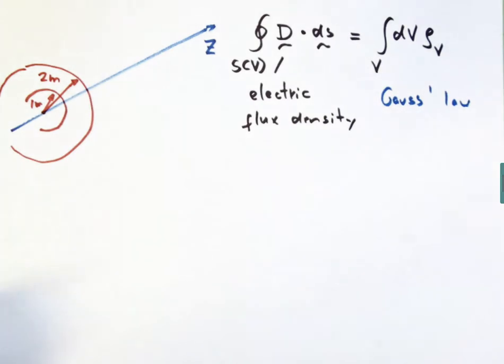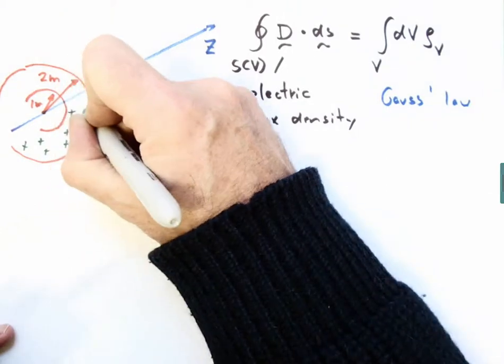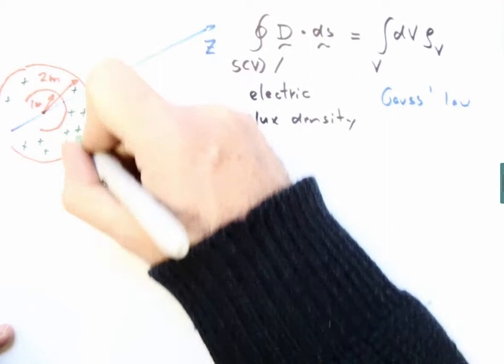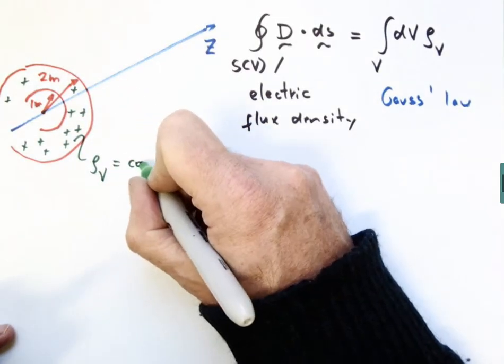So we have lots of little source charges uniformly distributed on this cylindrical shell, so that the volume charge density is constant.